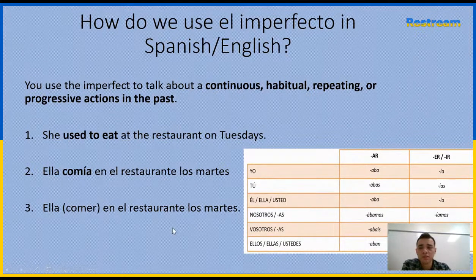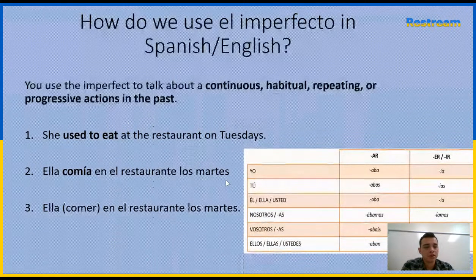To conjugate a verb in Spanish, you take your verb and drop the last two letters, which for comer are ER, and you replace them with the correct verb ending for el imperfecto. In this case, we have ella and er. So the correct verb ending would be ía, just like it shows here in the second sentence. Ella comía en el restaurante los martes.